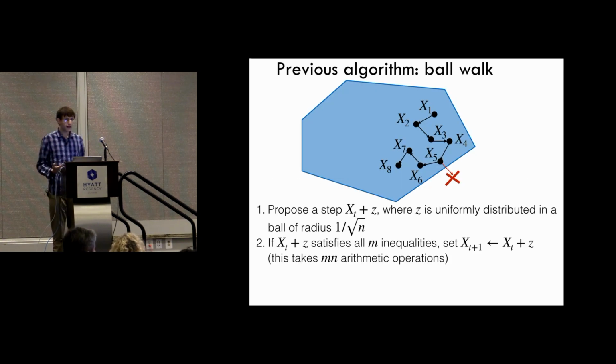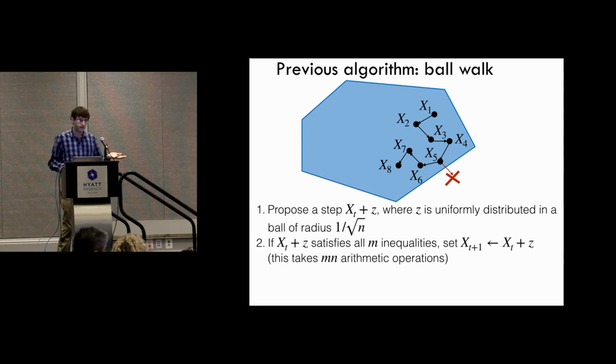Our algorithm is based on the ball walk Markov chain. The ball walk is a Markov chain on the interior of a polytope. At each point, to compute the next point of the Markov chain, the ball walk proposes a step which is uniformly distributed on a ball of radius 1 over root n, centered at the current Markov chain point.